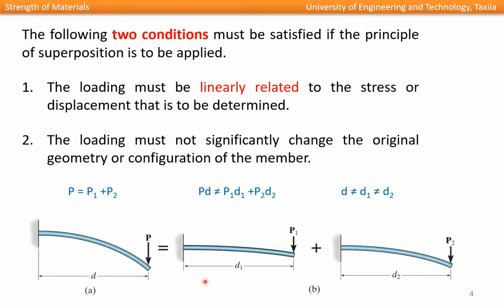You can also understand it this way: if this beam is fixed here, and you bend it too much, it will rotate about this point. As a result, this distance D will be smaller. So the law of superposition is applicable to very small deformations which can be neglected.